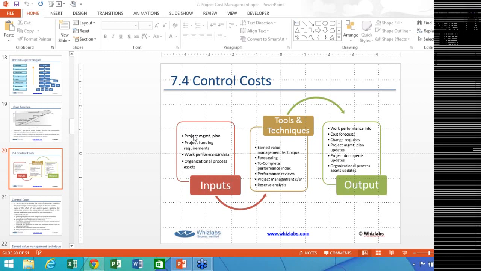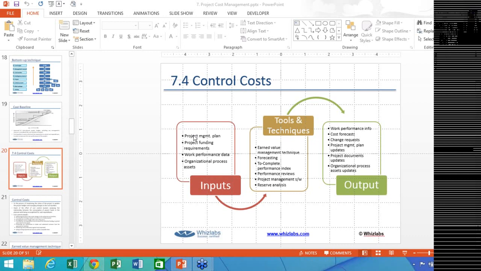Another input to control cost is the cost management plan, which, as we discussed yesterday, talks about how the project cost would be managed and controlled. Then another input is the project funding requirement, which is the output of the previous process, that is, determine budget.